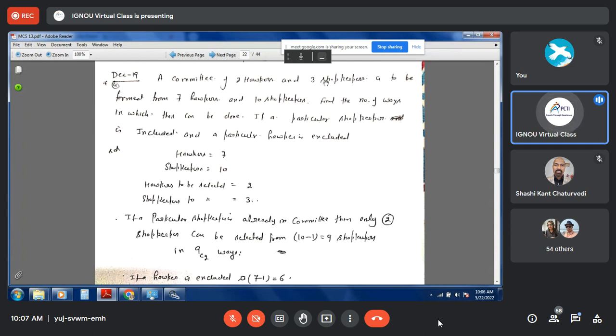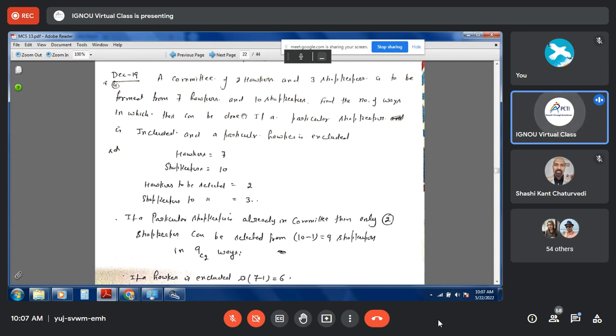In a certain market, the market wants to make a committee in which they include 2 hawkers and 3 shopkeepers. The 5-member committee is to be formed from 7 hawkers and 10 shopkeepers. In that market there are a total of 7 hawkers and 10 shopkeepers. Find the number of ways in which this can be done.